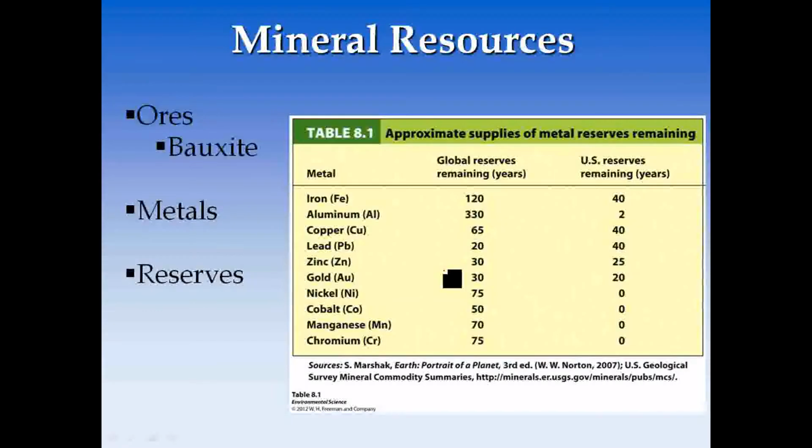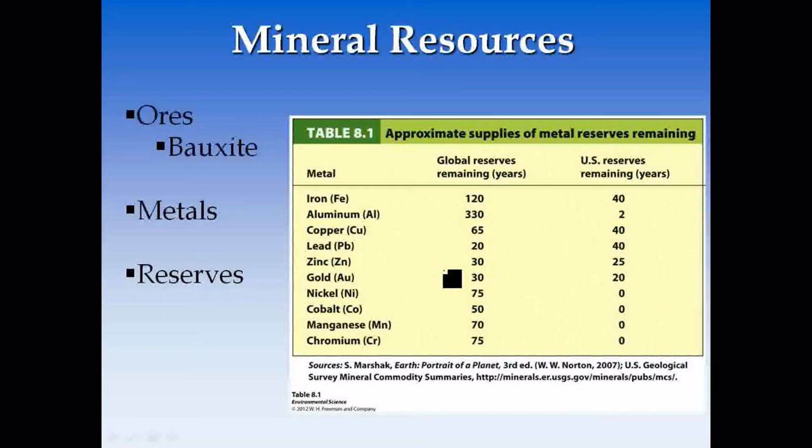Here are the approximate supplies of metal reserves, global and US. Here's the global, and then here's the US, and you can see we have lots of years of these different metals. But notice that there are some of these metals that we don't even have here in the United States.